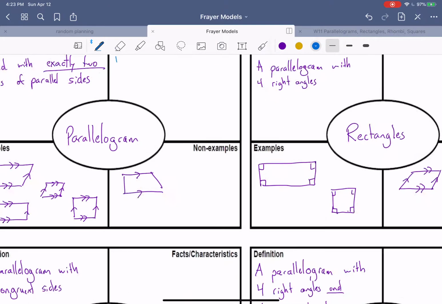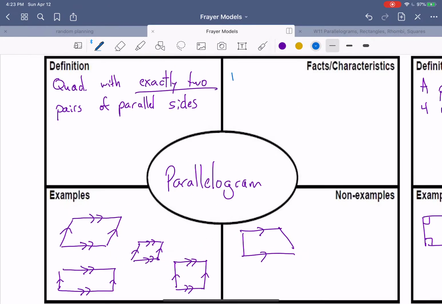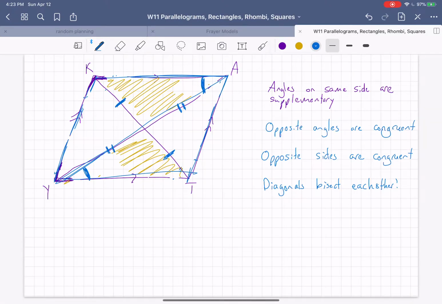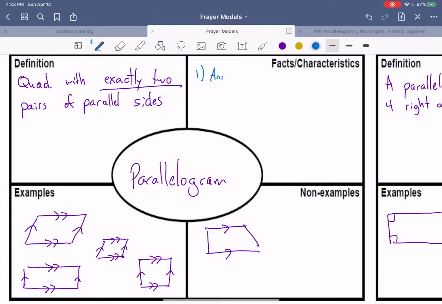So we have, let me zoom in. For all parallelograms, our first thing said angles on the same side are supplementary. Then we drew the diagonal.